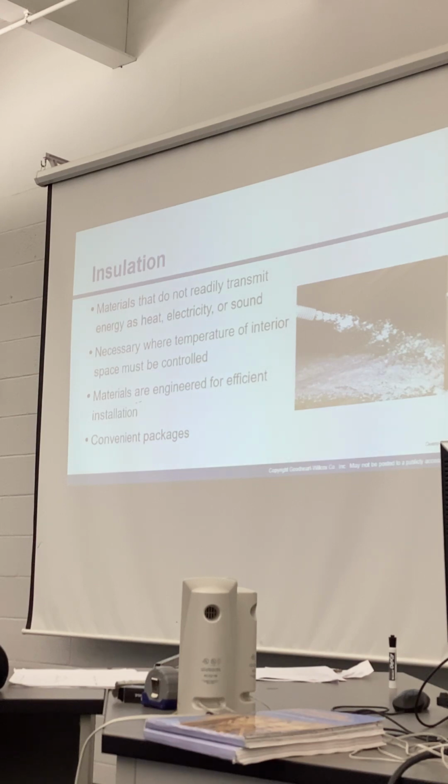Now, I have a question. If I put a wall of insulation between me and Carrington, right down the middle of the room, just insulation, would the temperature be different on his side of the room than on my side of the room?